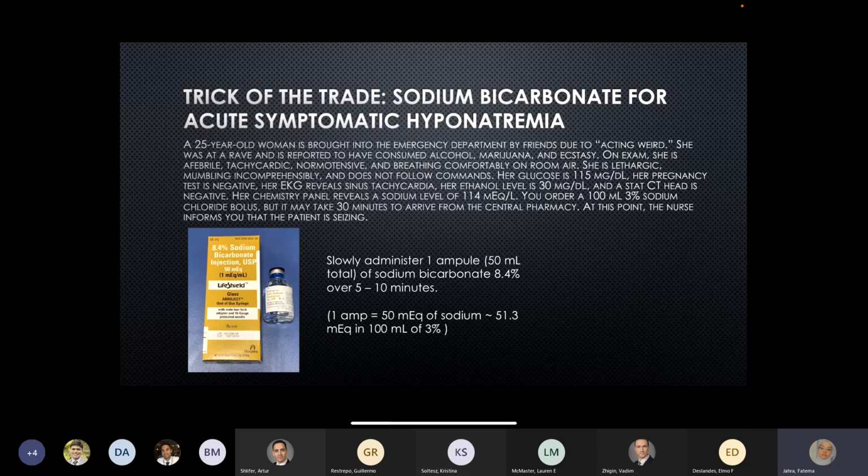You can actually go to the crash cart and take 1 ampule of sodium bicarb, which has about 51 milliequivalents of sodium, and you can help the patient that way.